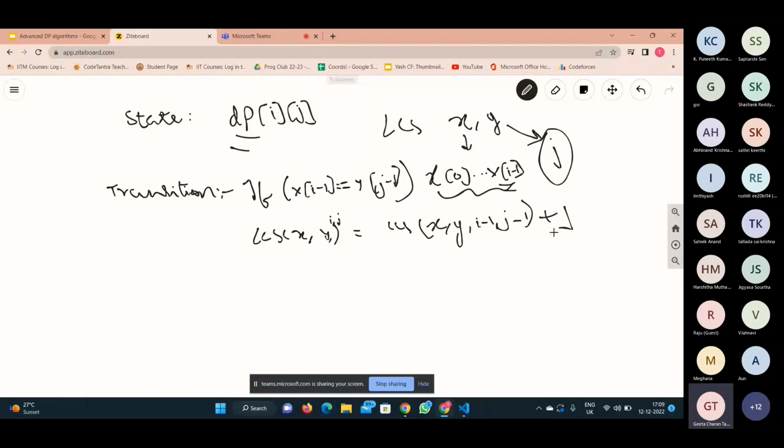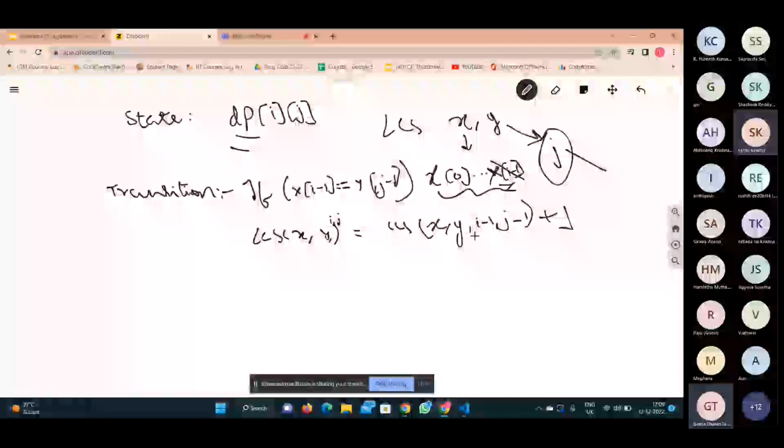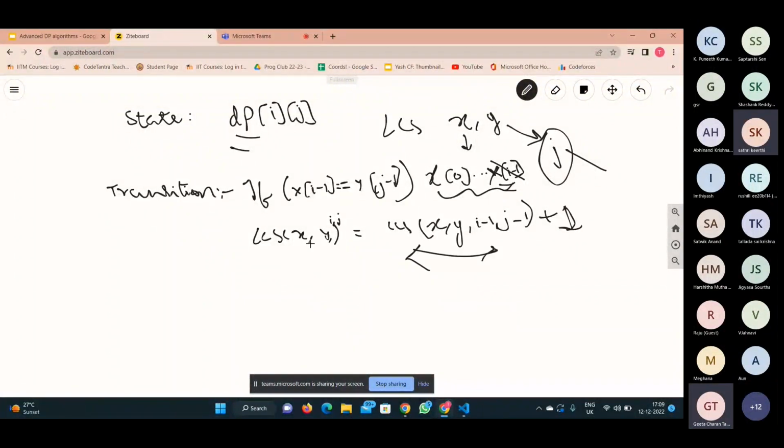So we can eliminate x of i minus 1 and y of j minus 1, and the LCS of the remaining string plus 1 will be the length of the longest common subsequence in x, y, considered till i, j terms.